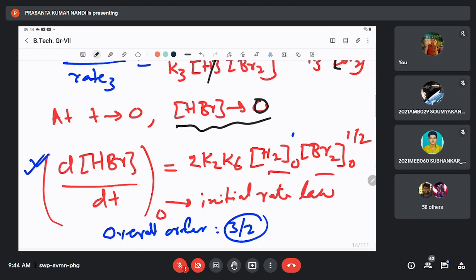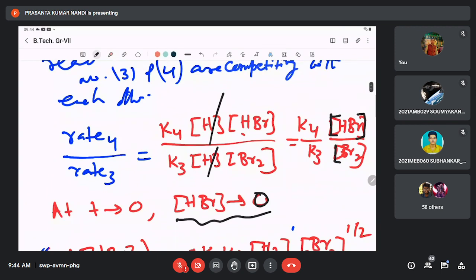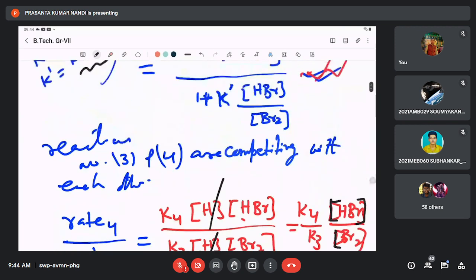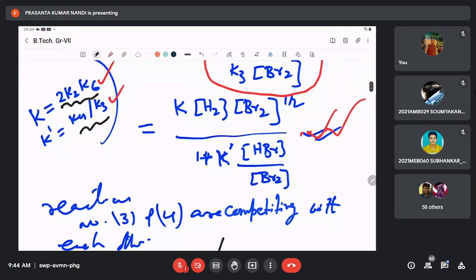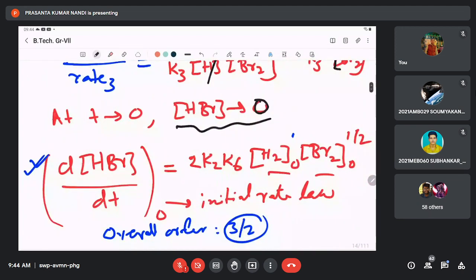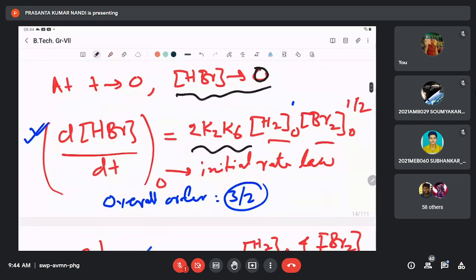Same rate equation, but because [HBr] tends to 0, the rate equation reduces to k [H2]0 [Br2]0 to the 1 half, and only 1 will be in the denominator. So it becomes a simplified expression.